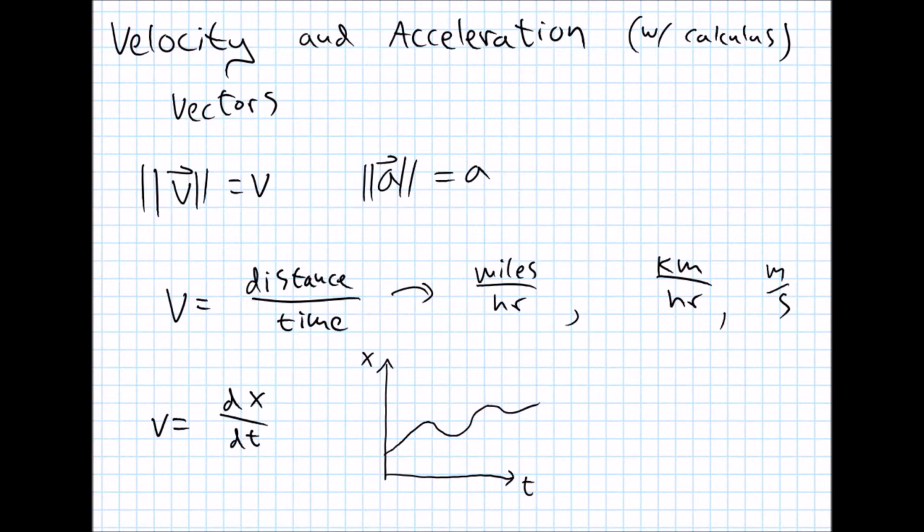If we want to know its velocity, the velocity is going to be the slope at any given point here. And the instantaneous slope is the derivative.